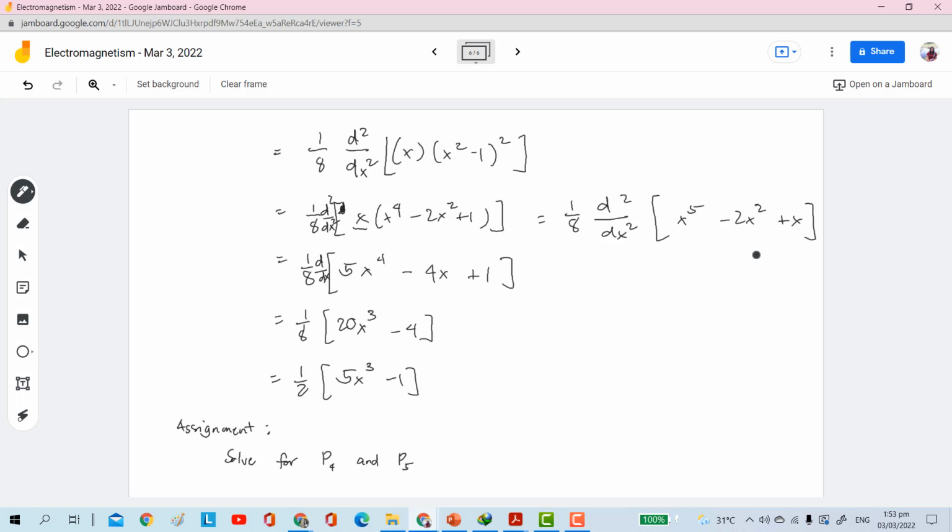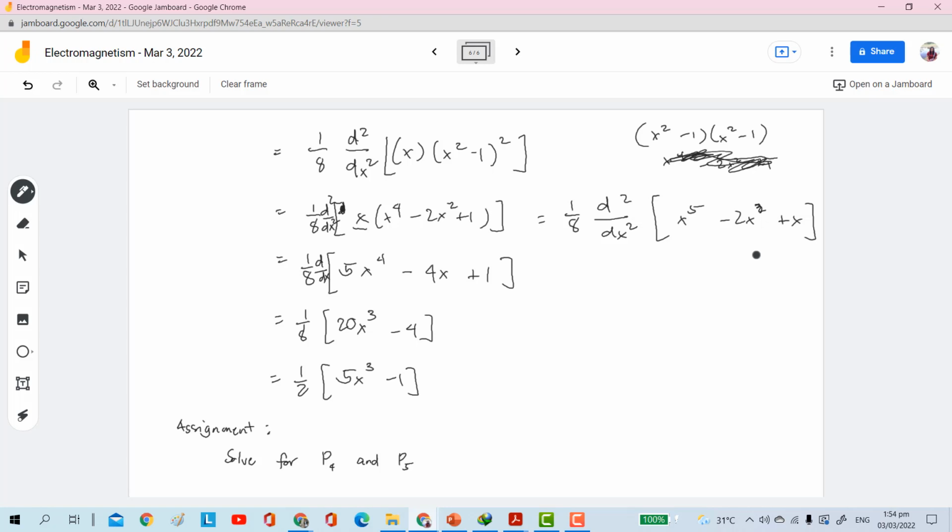Okay, so, 2x cubed. X squared minus 1 multiplied by x squared minus 1. So you have x to the fourth minus 2x squared plus 1. Okay, sakto ra.